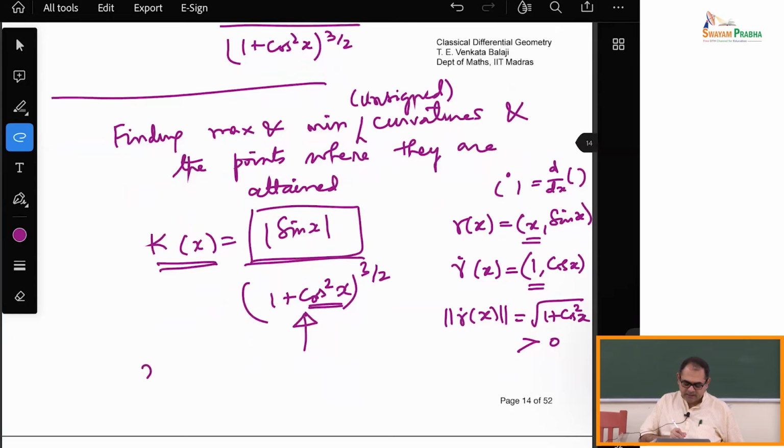At x equal to 0 the numerator is 0, and that is the minimum value you can get. The maximum value will come when sin x is 1, and then of course cos x is 0. So at x equal to 0 the minimum k(x) will be 0.